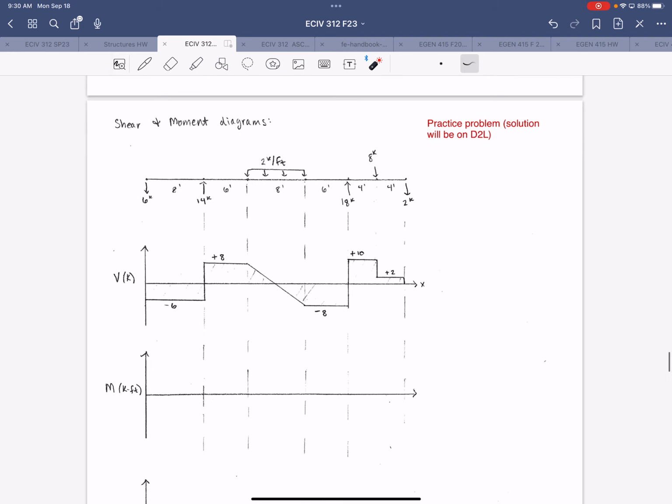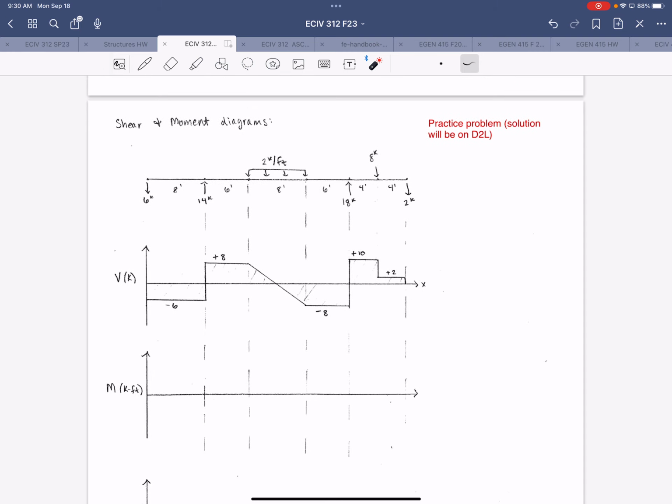See if you can just draw the shape of the moment diagram. Don't worry about values, to a certain extent. You'll have to do a little bit of math in your head to get some of the zero locations correct on the moment diagram. So try to get the positive and negative and zero magnitudes correct on the moment diagram, but mainly just focus on those components of the shape.